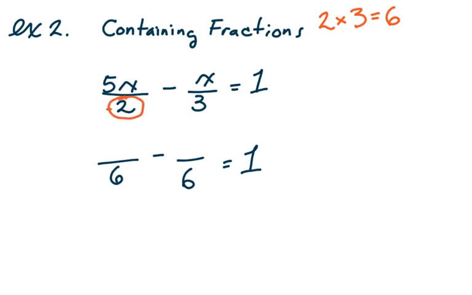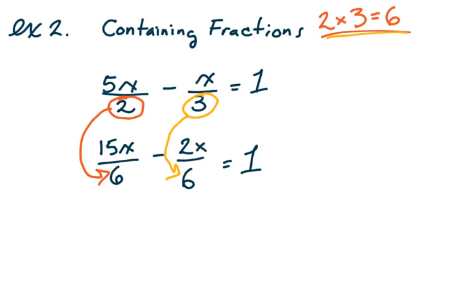What did I multiply 2 by to get 6? Well, I multiplied it by 3. So I'm going to have to multiply the numerator by 3. So this is going to be a 15x. And I'm going to ask the same question here. What did I multiply this 3 by to get 6? The answer is 2. So I'm going to multiply the top here by 2 as well.